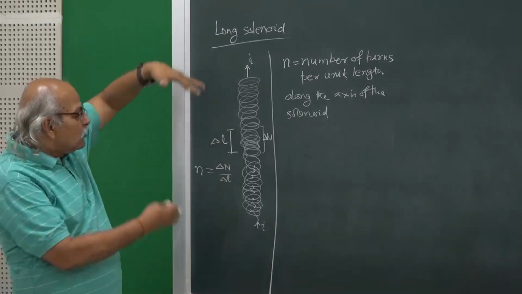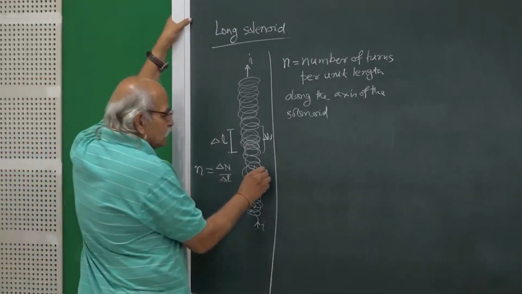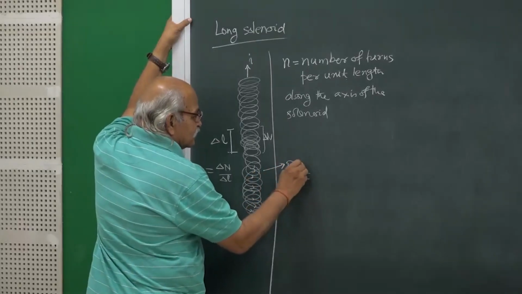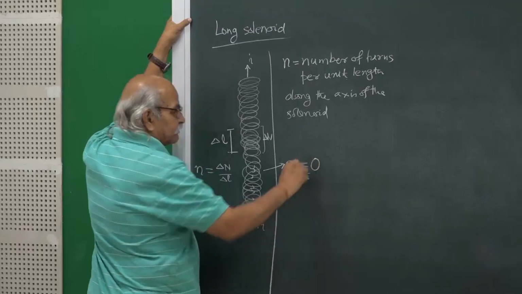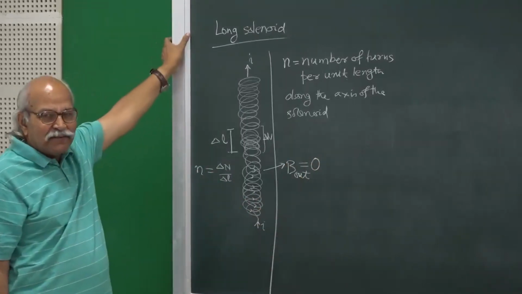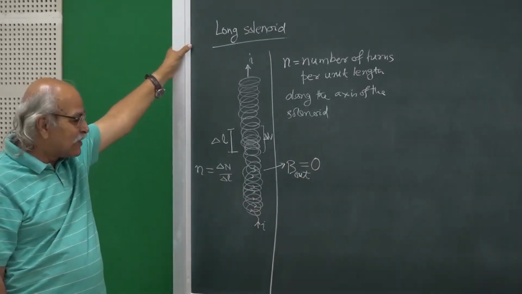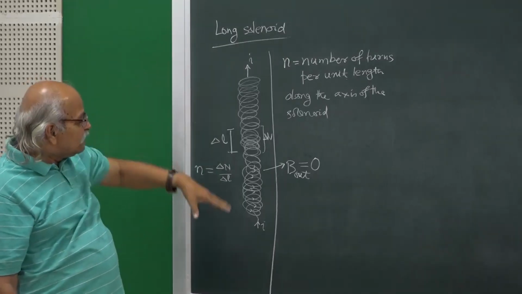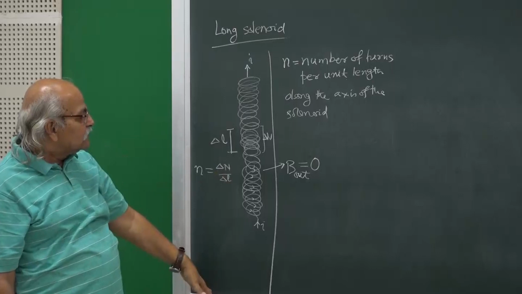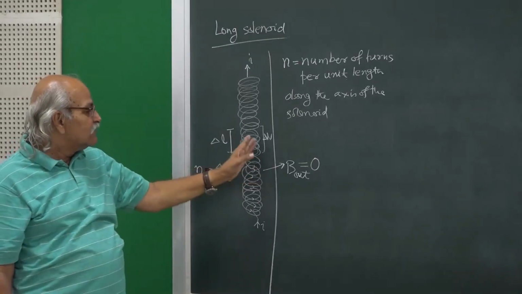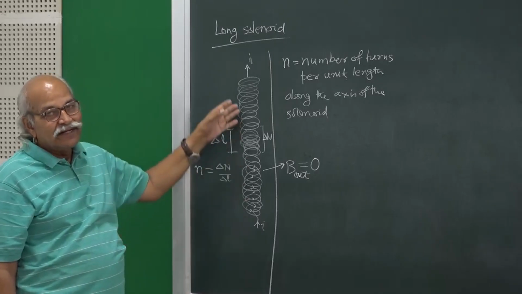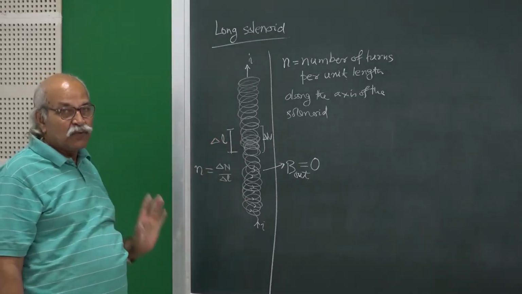Now, if it is a long solenoid, then you take it that outside the magnetic field is 0. It is not very simple to prove, and therefore I am avoiding the proof. You take it for granted that for a very, very long solenoid the magnetic field outside will be 0, and it is the inside for which we have to work.